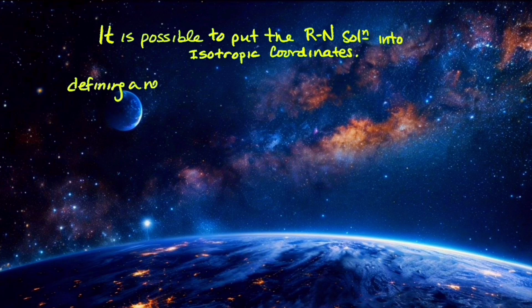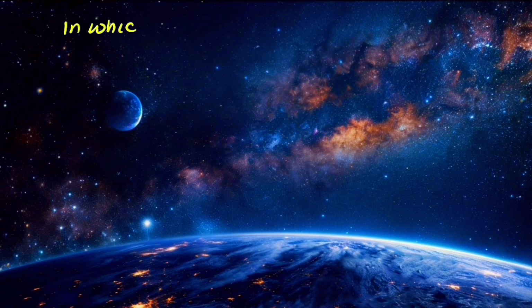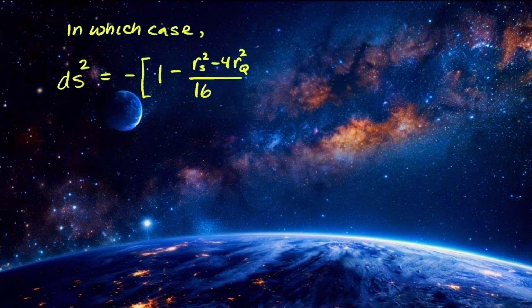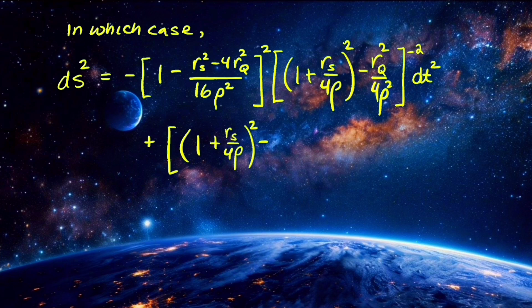It is possible to put the RN solution into isotropic coordinates, defining a new radial coordinate rho by the following relation. R is equal to this factor times rho. And that gives us the line element ds squared as this expression. Writing out all the components.